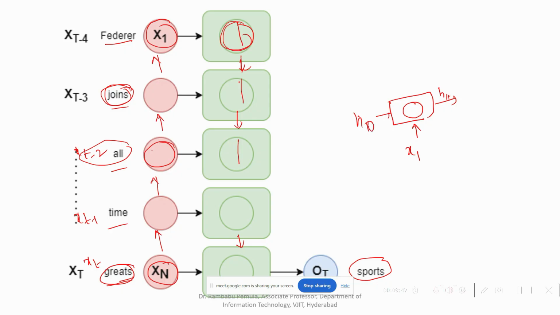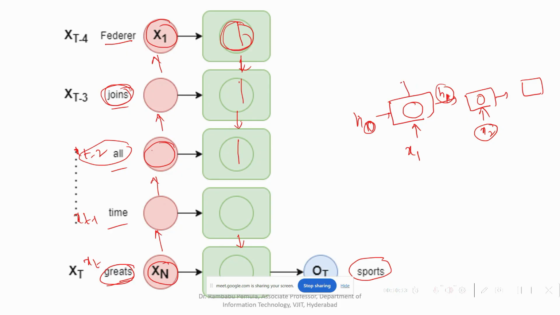So this is for example h0 and this is h1. Now for the next input, x2, we read x2 and the previous node output, and generate the next output. Like that we get the outputs. This is the way we generate things. Simply, this is called a recurrent neural network.